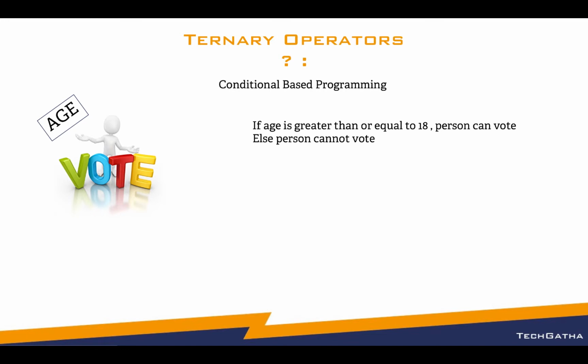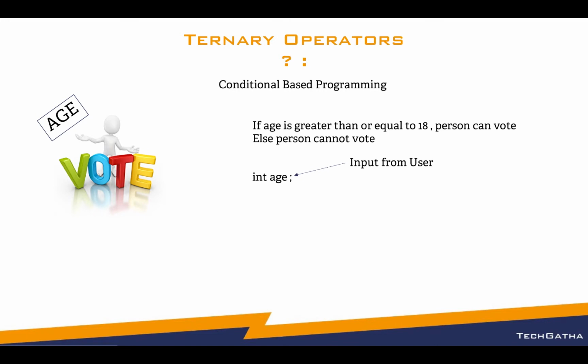So our condition is age greater than or equal to 18. For that, first we will require an age and we'll take that input from the user. The last video covers how to use the Scanner class to take input from the user. If you haven't watched it, go ahead and watch the previous video.